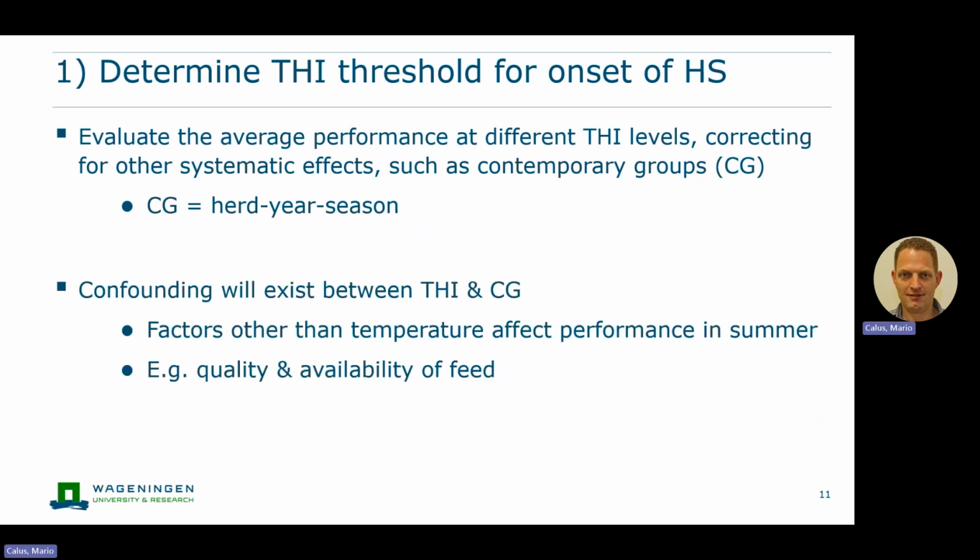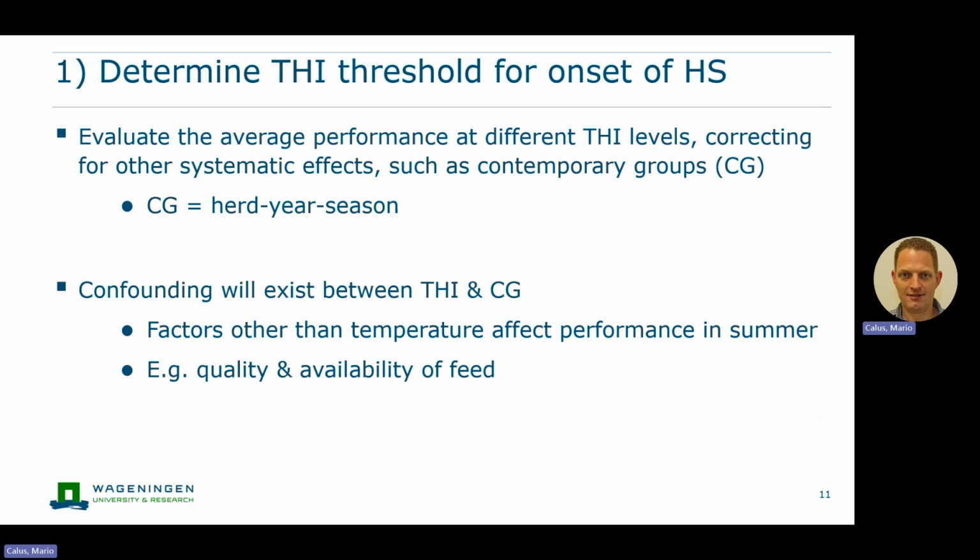And in that model, there's a fixed effect for THI, with every discrete level of THI, so starting somewhere with values of 20. So all records that have a value of 20 are one level. All that have a value of 21 have another level, up to the highest value we saw, which was something like 78.